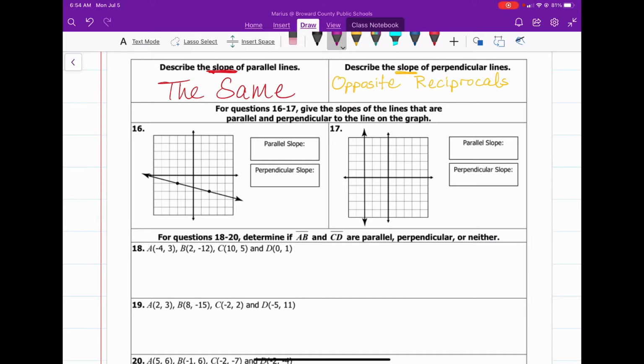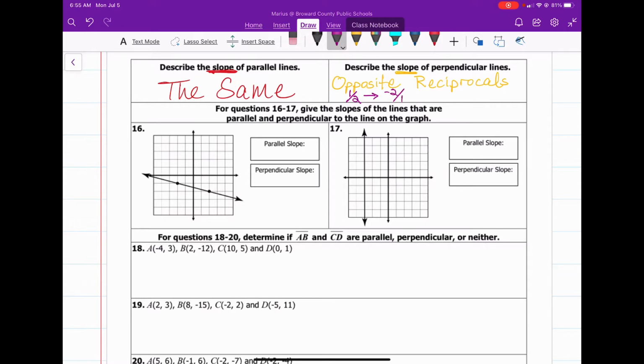Opposite reciprocals are exactly what they say. Opposite means one has to be positive and one has to be negative, and they have to be reciprocals of each other. So for example, the opposite reciprocal of positive 1/2 would be negative 2/1.